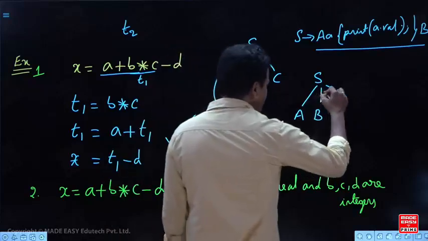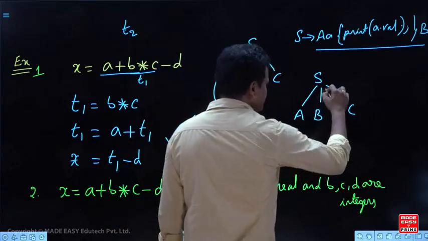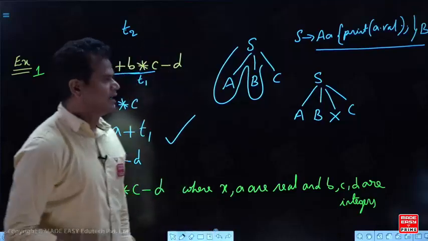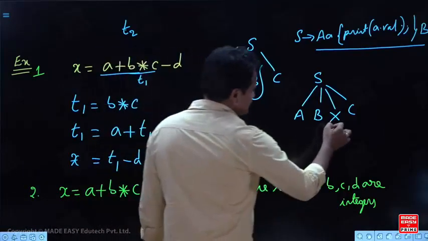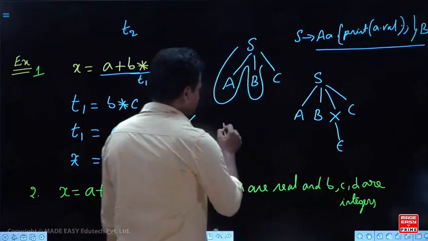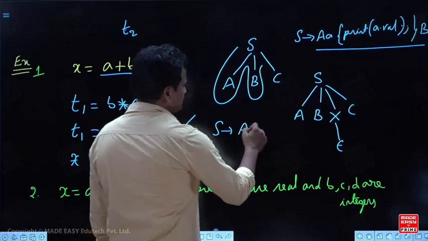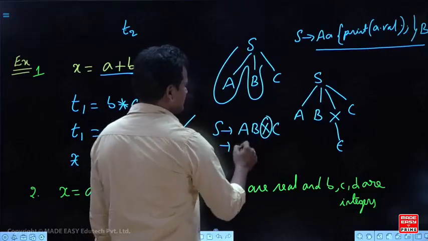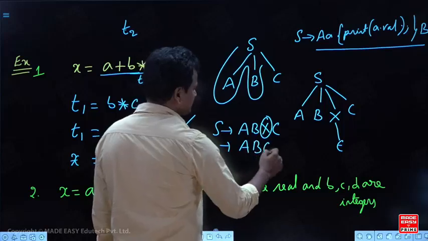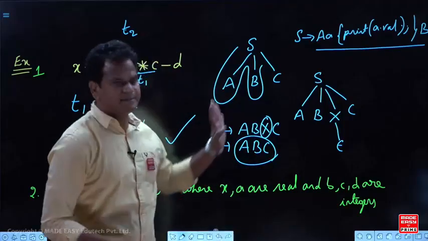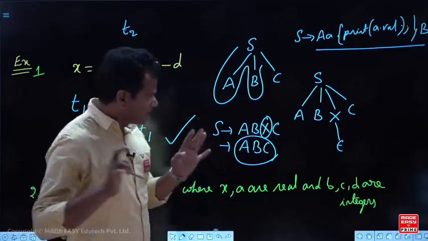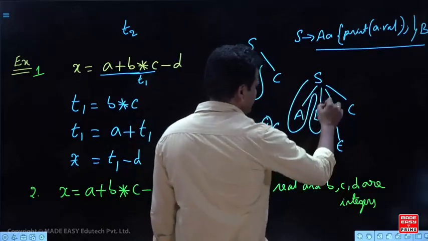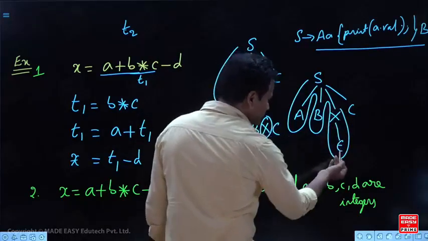I will introduce a new variable X, and this X should derive epsilon, because the production should not be changed. ABXC, what is the X value here? Epsilon. When you substitute epsilon, what will be the production? You are getting ABC only. So the production is not changing, and moreover, now here epsilon is reducing.